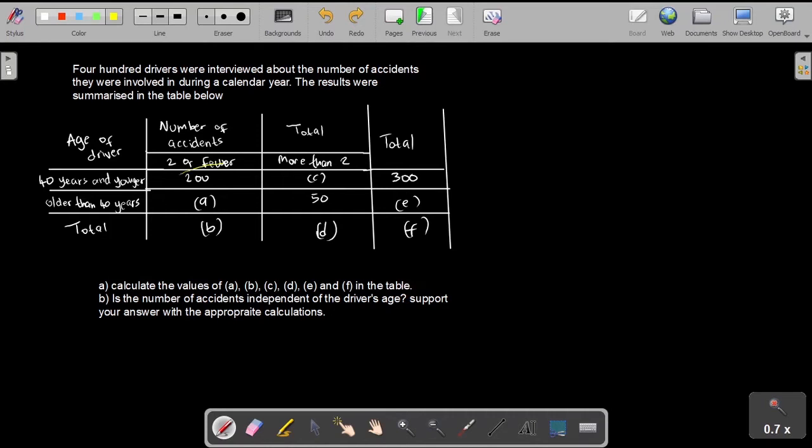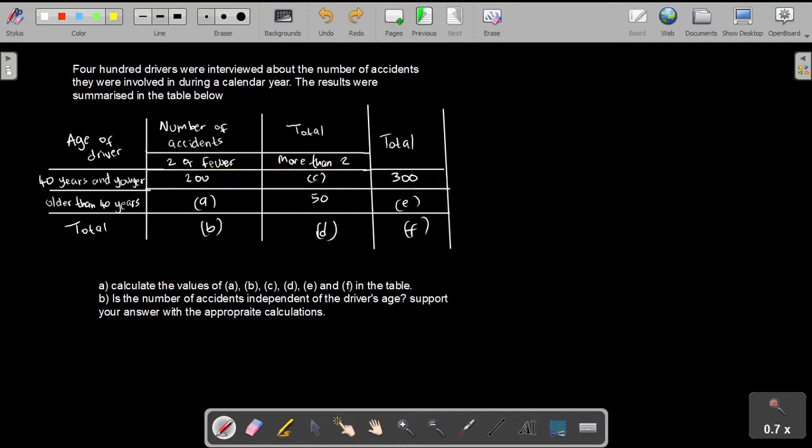For example, if you look at this row, the total column actually has a value, and along that row we also have a value. So there's only one missing value, so that the total becomes 300 over there. So we can just say 300, because the total of this row is 300 and we already have 200.